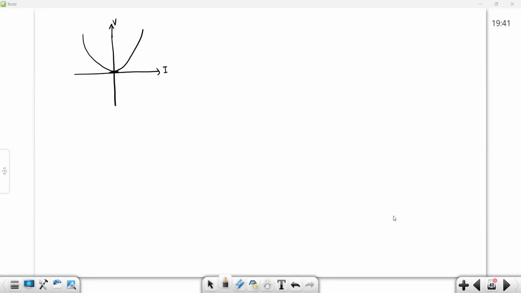Please give the answers. Be quick. Non-linear. Okay, Lavanya is telling non-linear. Any other answers? Okay, unilateral. Is it active or passive then?